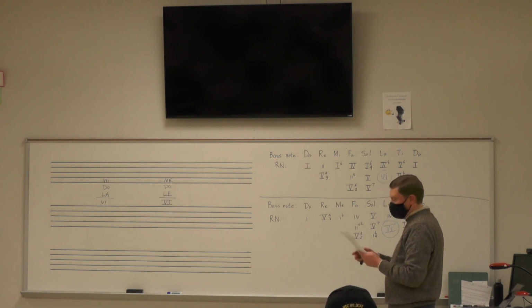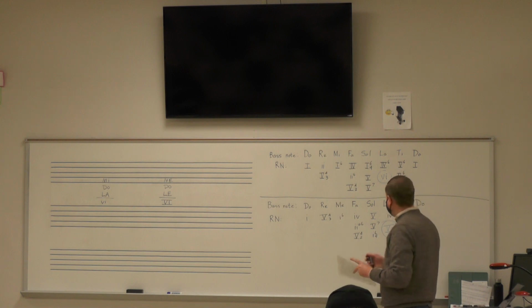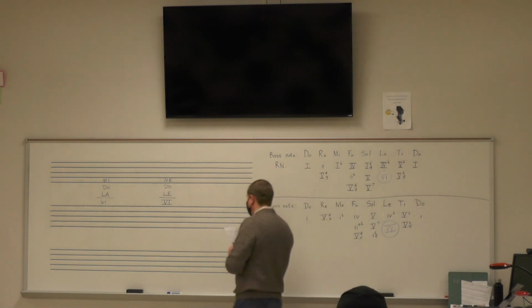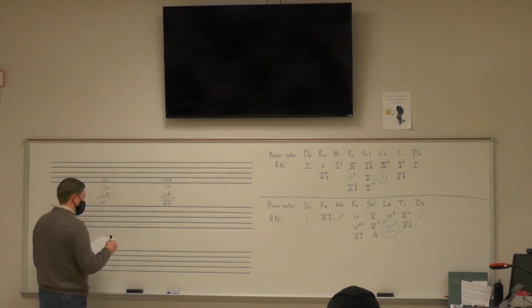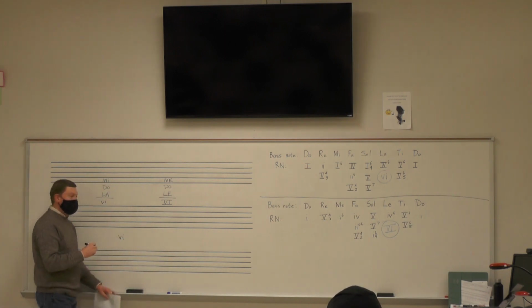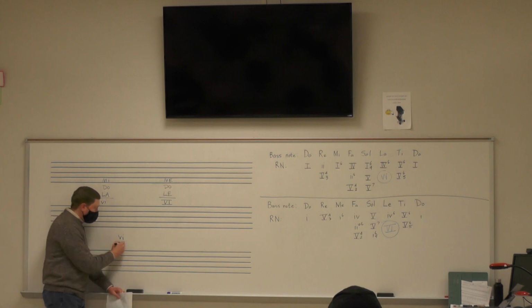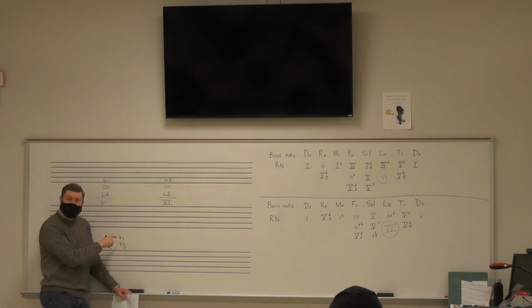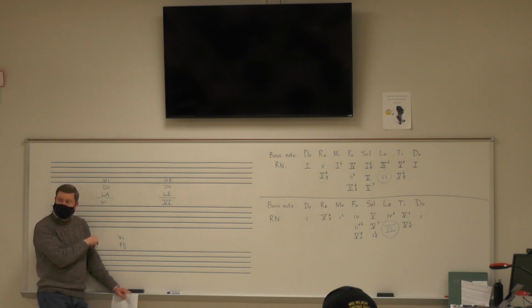One other thing I need to tell you is that in a progression, when 6 functions as a predominant, let's say we're in a major key, it's most likely going to go into a stronger predominant, like a 4 or a 2. I guess it could go to a 5.